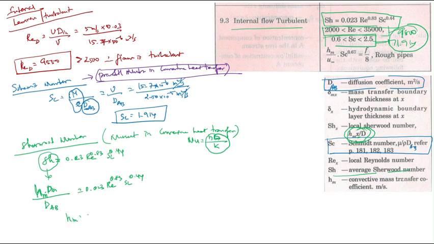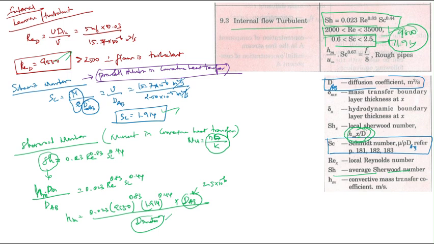So HM is equal to 0.023, the Reynolds number you already found, 9550 to the power 0.83, the Schmidt number you found, 1.914 to the power 0.44, into DAB divided by the diameter. The DAB value you know, equal to 2.5 into 10 to the power of minus 6.